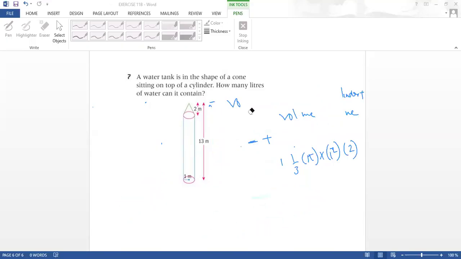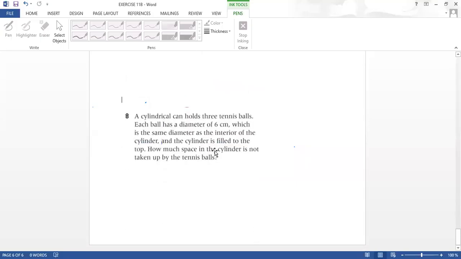You can always go back and see what you have done. Then number 8, which is our last question. A cylindrical can holds 3 tennis balls.